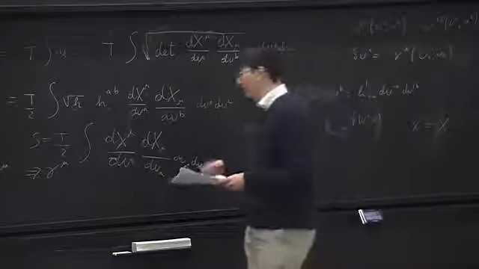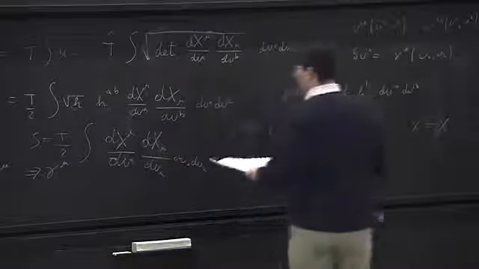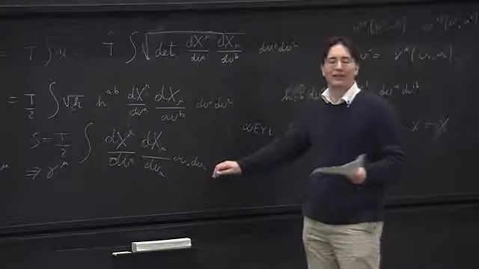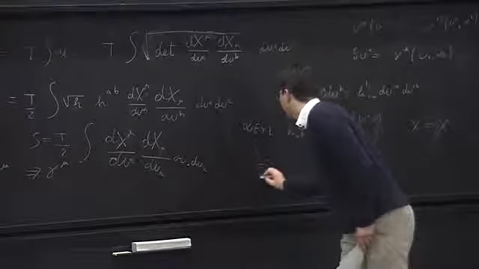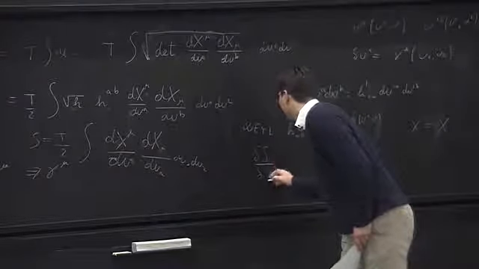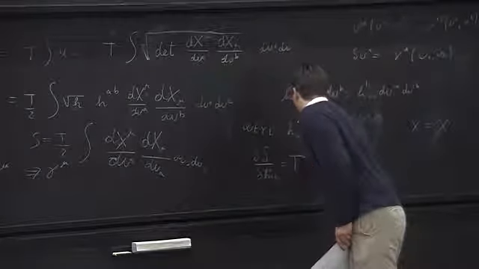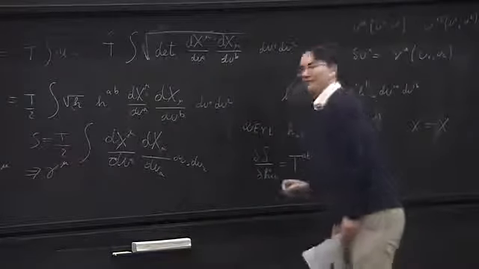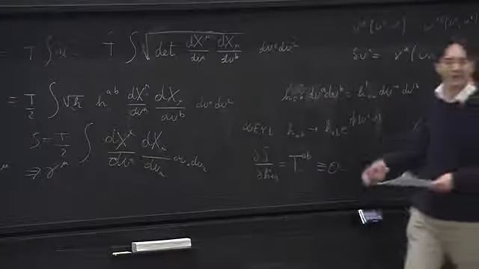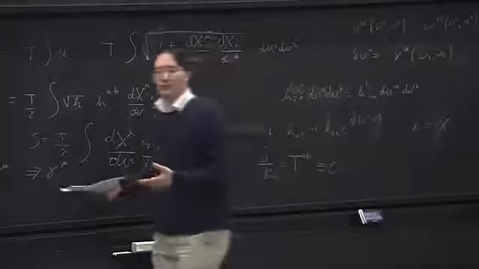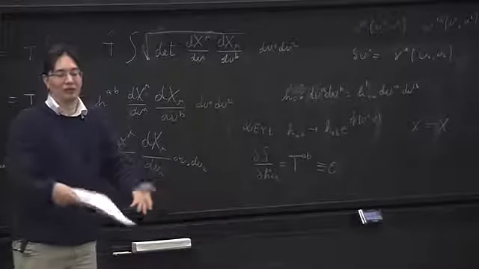Like the Coulomb constraint in gauge theory. So it's perfectly true. I had to work with this action and at the same time also impose the variation of S over dh_ab, which is the stress tensor in 2 dimensions, to be 0 classically. We had to figure out how to impose this quantum mechanically. But it's not different from what you're seeing in gauge theory, where you had to impose current conservation after you gauge fix.